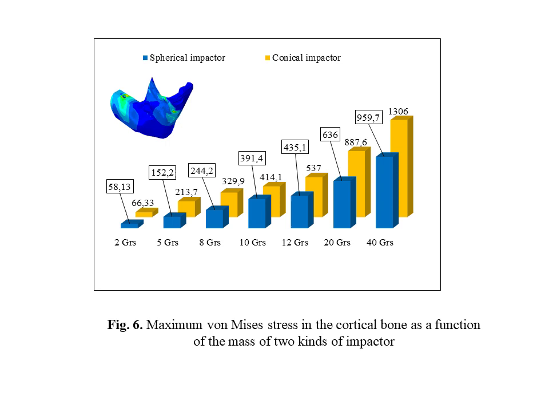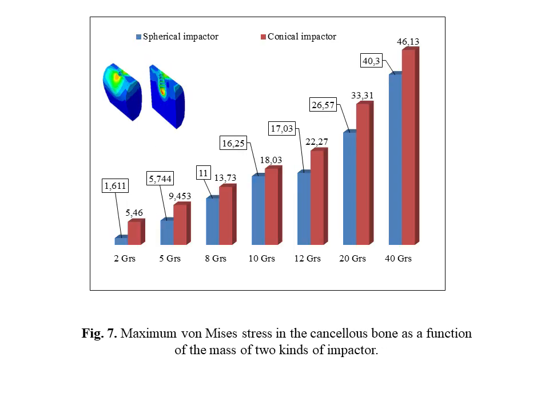Figure 7 represents maximum von Mises stress in the cancellous bone as a function of the mass of two kinds of impactor. Two points of stress concentration, high stress, are usually found at the tip of the circular hole connecting cortical bone to implant, and the implant tip connection with cancellous bone.